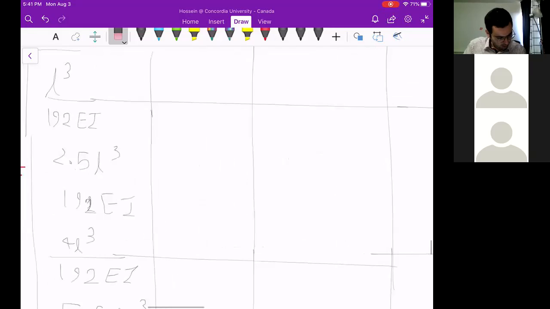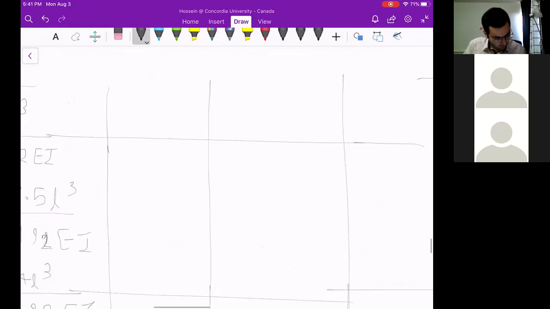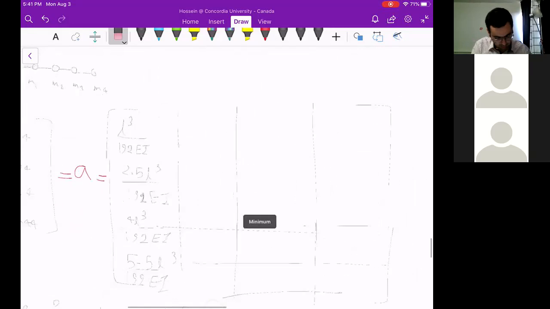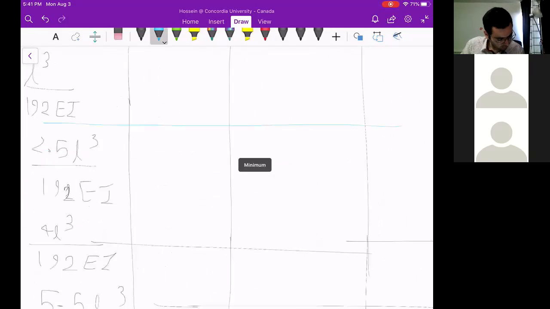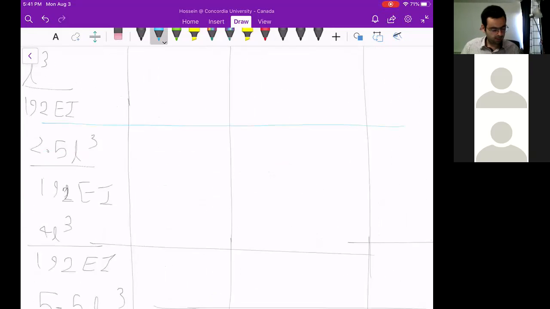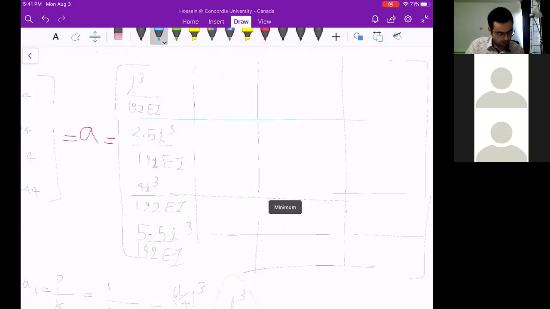Sorry, you're right. The first column requires the longest calculation.